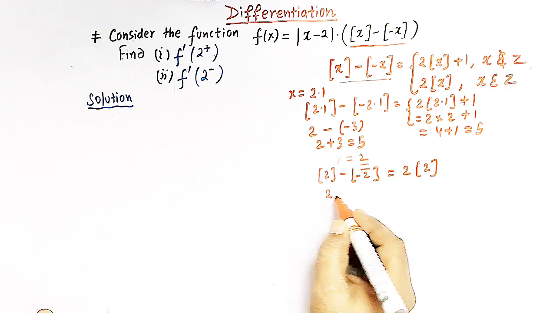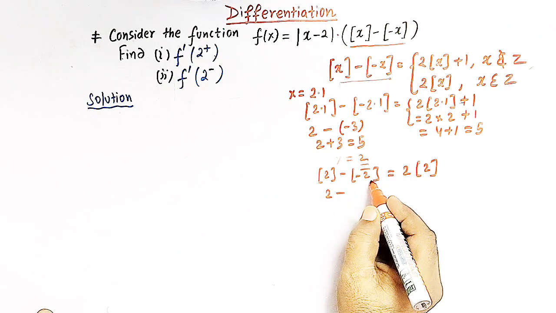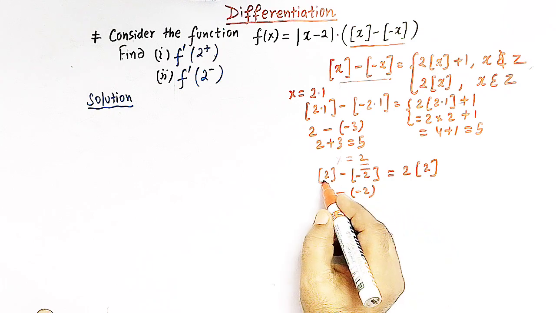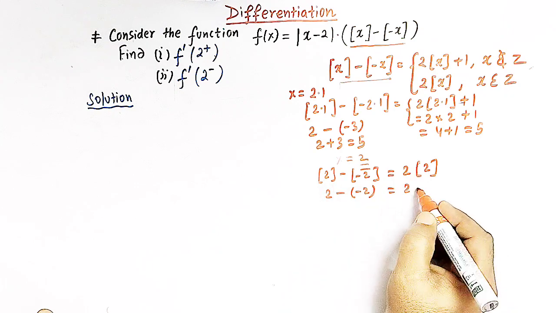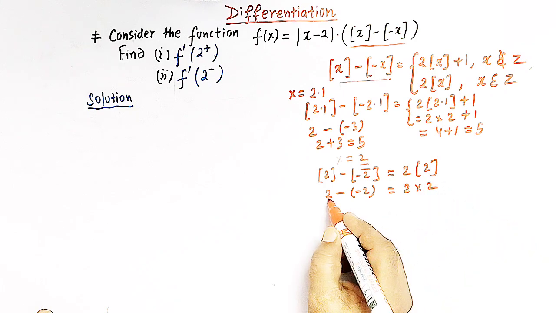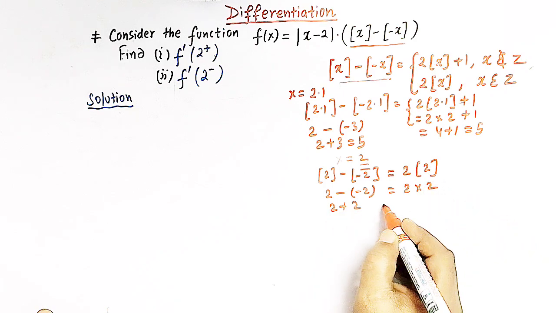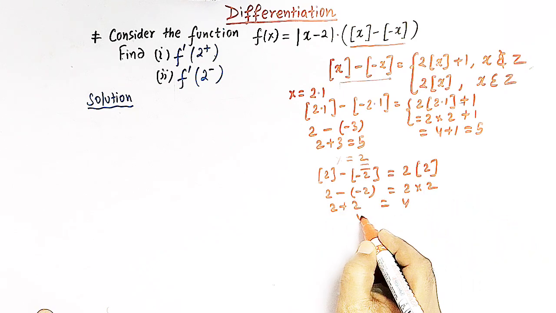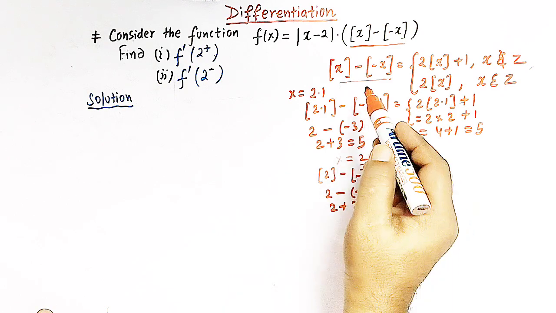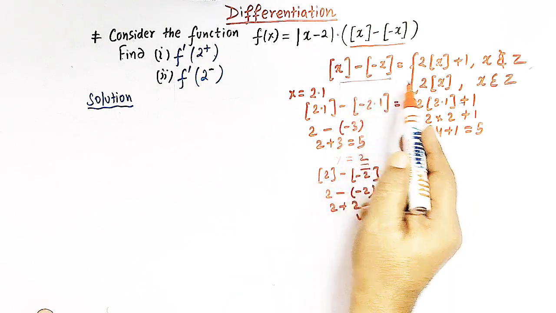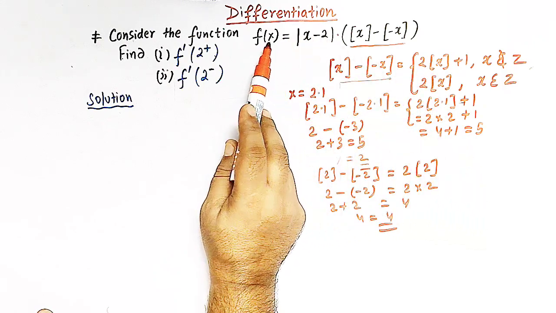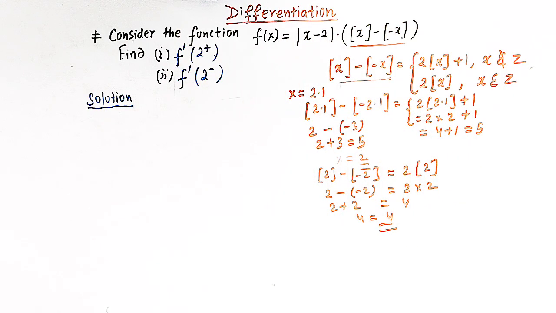Now the greatest integer of 2 is 2, and the greatest integer of minus 2 is simply minus 2, right? So here we have 2 plus 2, which is 4, and 2 times the greatest integer of 2 is also 4. So 4 is equal to 4, right? So this property is very useful while solving this problem.